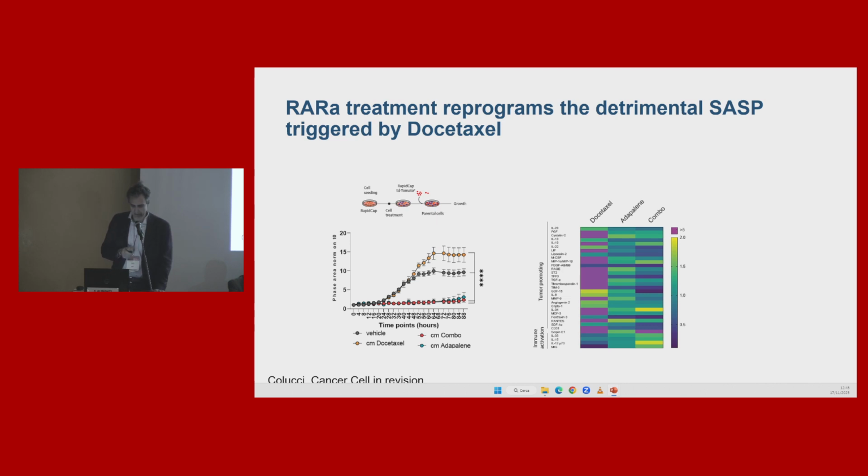This is represented in this slide. If you take a cell that is treated with docetaxel or a combination of adapalene, which is a RAR agonist, together with docetaxel, and you put this in a co-culture condition with normal cells, the cells that see the docetaxel-treated cells start to proliferate much faster. The ones that see the combination do not proliferate efficiently.